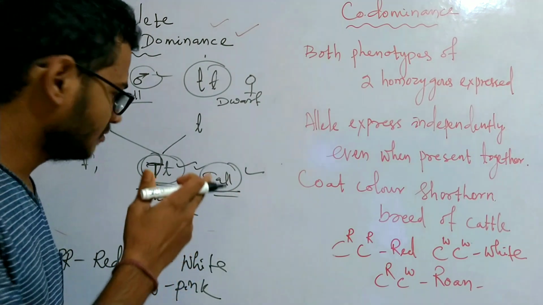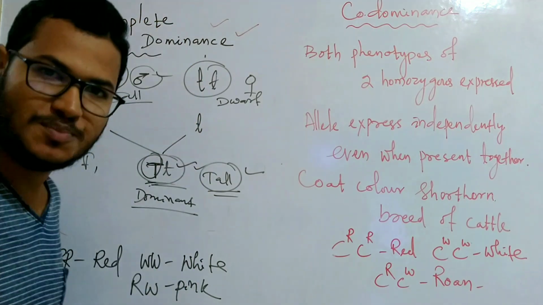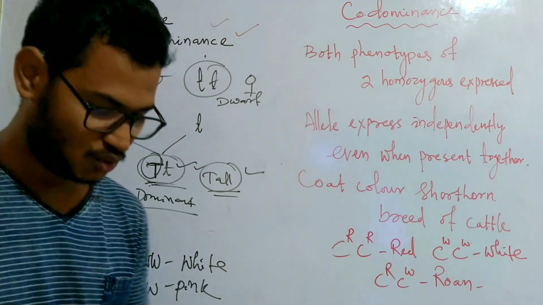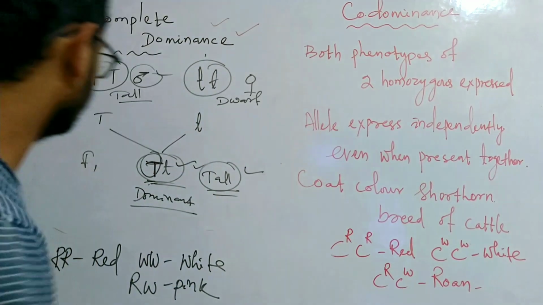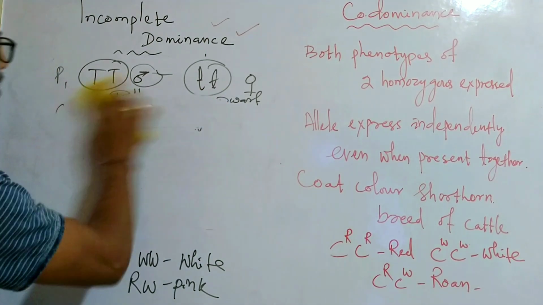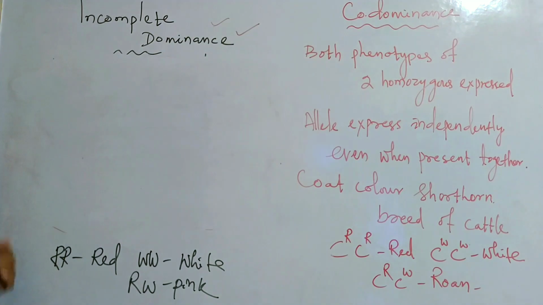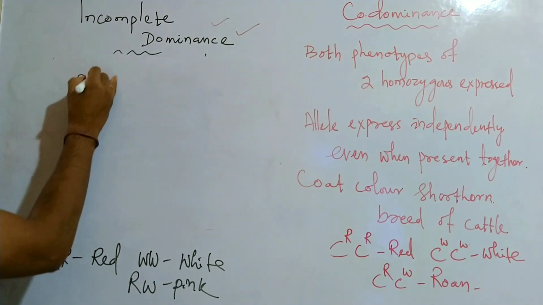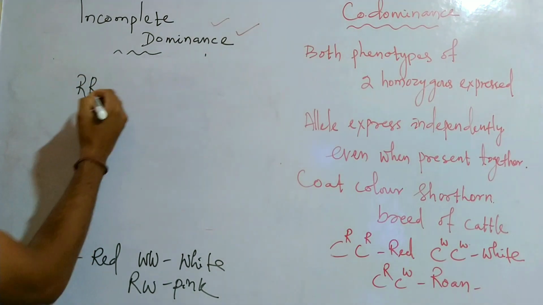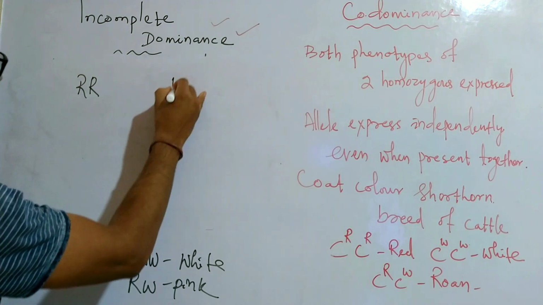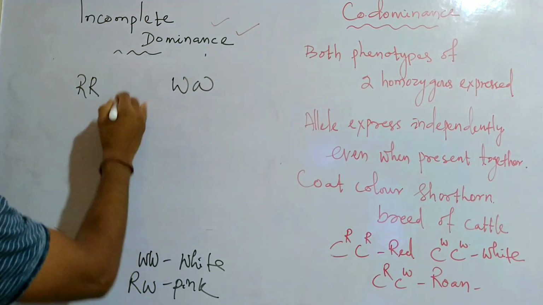But incomplete dominance is a deviation from this. So let's see how it deviates from the Mendelian monohybrid case. Look at the board. We have a plant having red flowers, RR, and a plant having white flowers, WW.